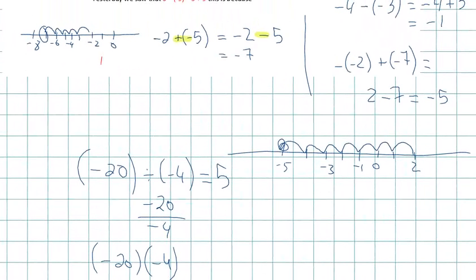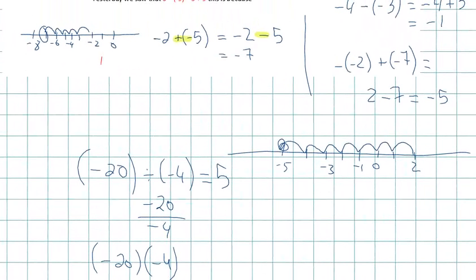Yeah. I want you to look right here. So I have a positive followed by a negative. That gives me a negative. Yeah? Are we okay with it? It's going to be confusing.